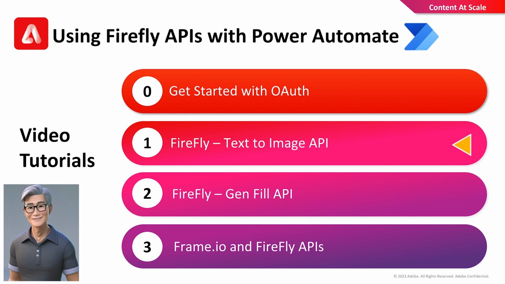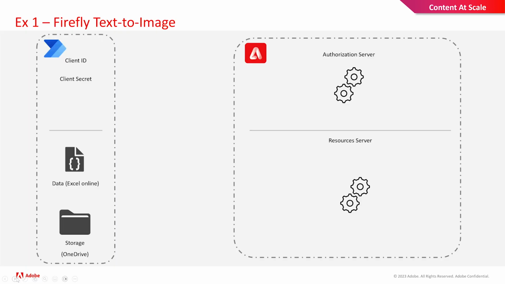And to do this, we would follow what is described in this diagram here. On the left-hand side is our Power Automate application, and on the right-hand side is the Adobe backend services.